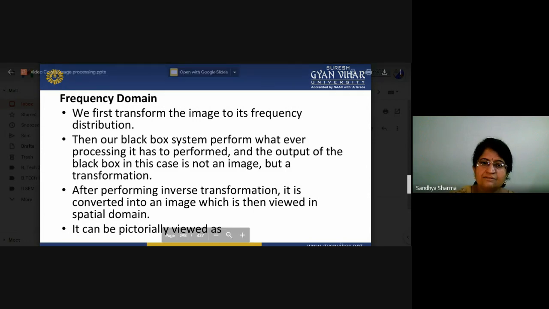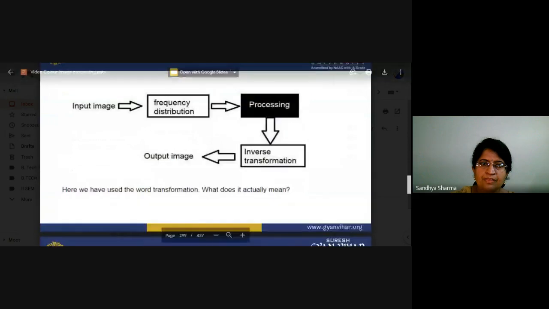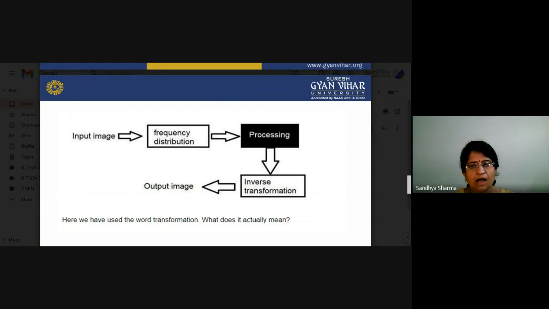You can see here, you have an input image. First you convert your input image into the frequency distribution platform, then you process it, then you do the reverse transformation, and after that you get your output image.